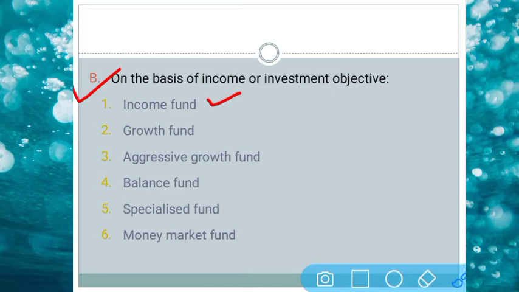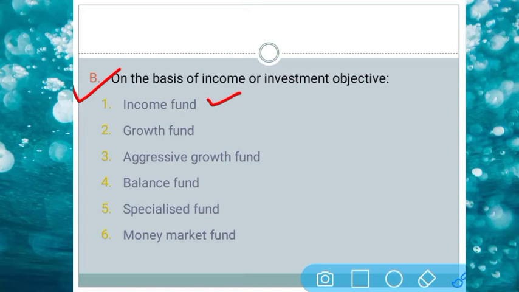The amount collected through this fund is invested in those securities which provide a fixed and regular income. This type of securities includes preference shares, debentures or debt instruments, which provide fixed income, like 12% debentures. So the debenture will provide 12% fixed income irrespective of whether the company earns profit or loss.